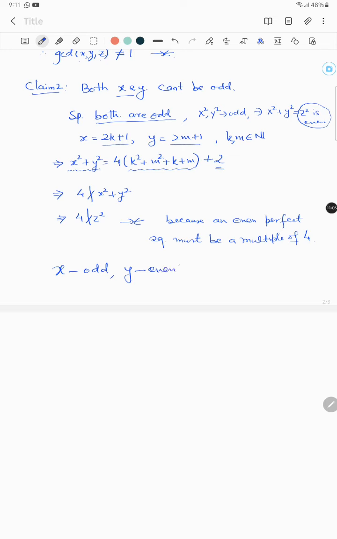Then what will be x square plus y square? This is odd plus even, which is odd. That means z square is odd. So this implies that z must be odd. So this is the conclusion till now: one of x and y should be even, one of them should be odd, and z has to be odd.